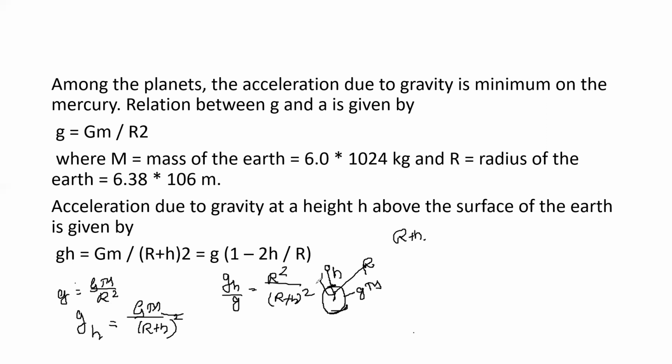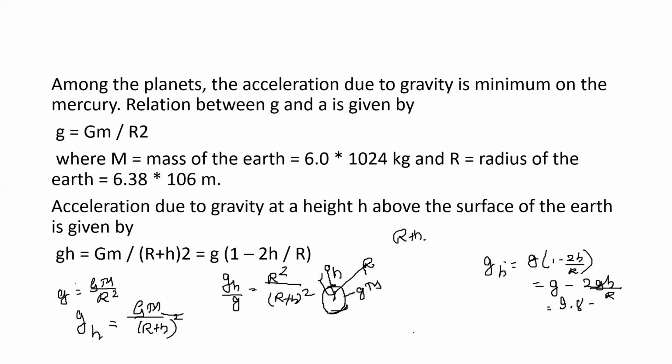As it is written, 1 minus 2h divided by R. If I multiply this, it becomes g minus 2gh divided by R, which means it is 9.8 minus some value.